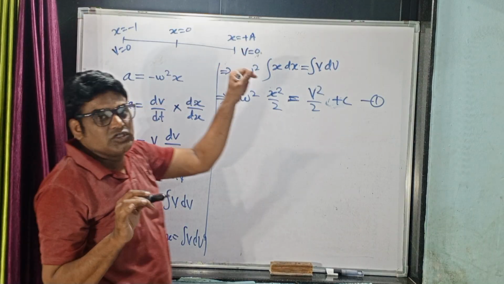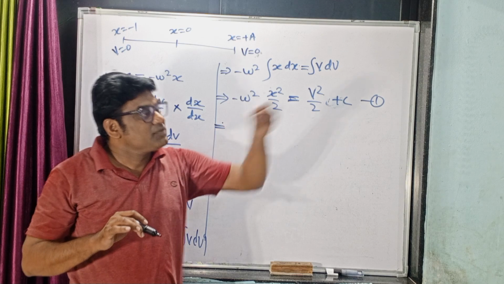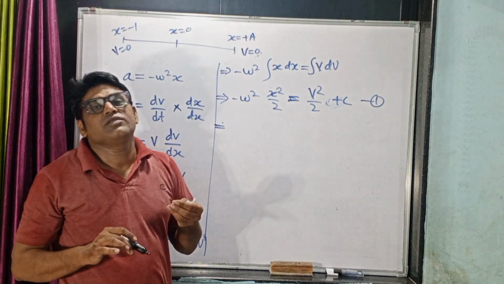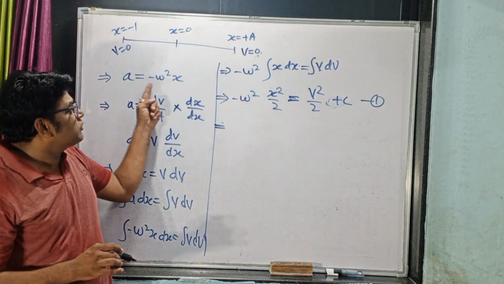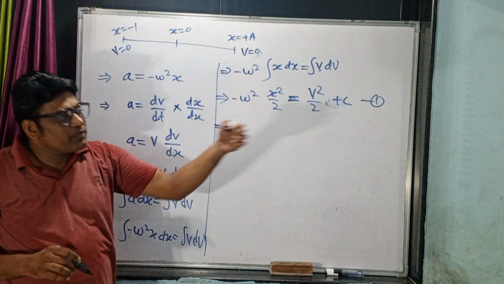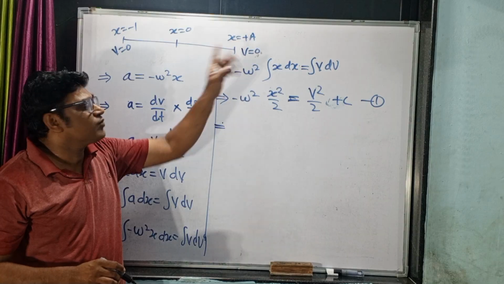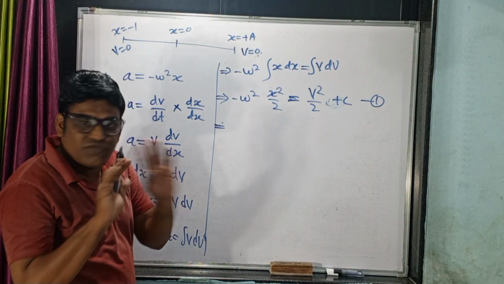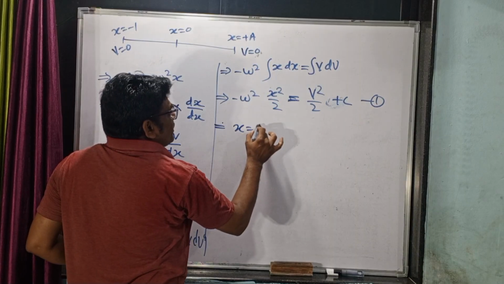If the velocity were not 0, the particle would go beyond and would not come back. Velocity becomes 0 and then it comes to this side because acceleration is negative, opposite to the motion. That is why the body comes back. It means velocity at this point must be 0.